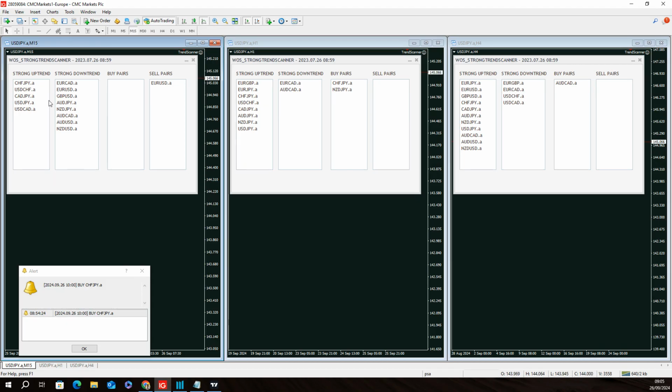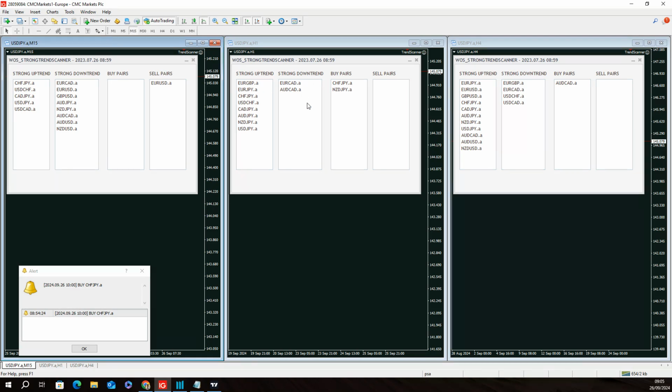If the yen is very weak, I shouldn't have a strong uptrend yen and a strong downtrend yen. In this one we have Aussie yen as a strong downtrend, New Zealand yen as a strong downtrend, but here we have the card yen as a strong uptrend, US dollar yen as a strong uptrend. That is telling us that the price is now going through a correction or consolidation phase.